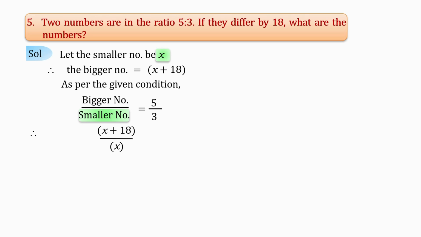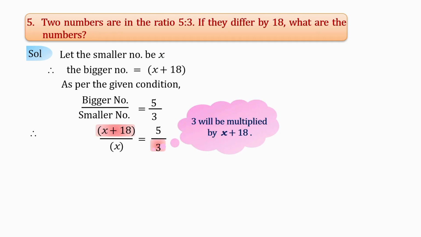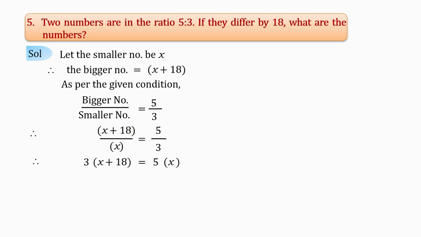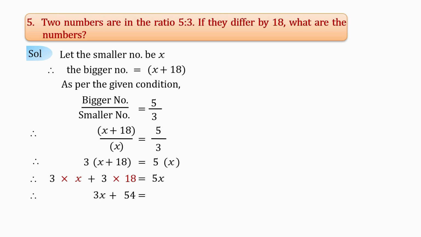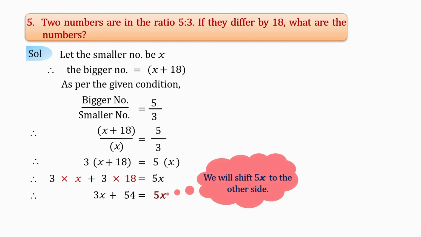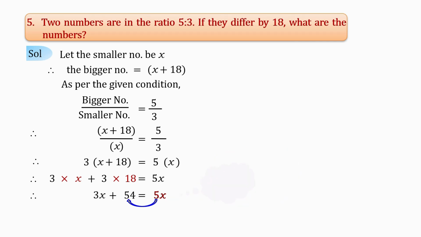So we'll replace the x value with this. Now we are going to do the cross multiplication. And now we will open the brackets. Now we are going to shift the variables and numbers to different sides.